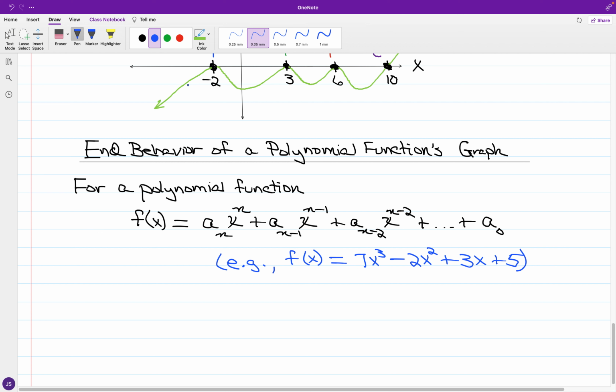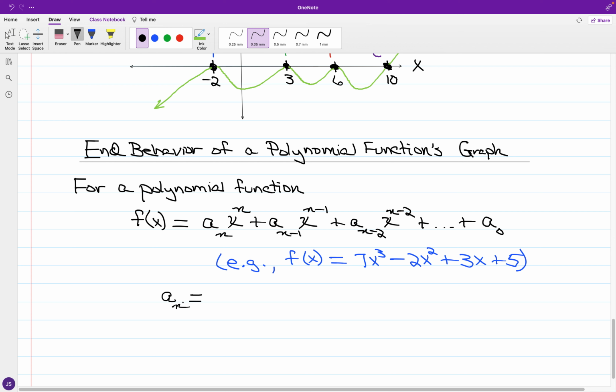Now for this polynomial function, notice for a of n times x to the n, this will be the highest degree term. It usually is, but it will not always be the first term that appears. There can be some exceptions.